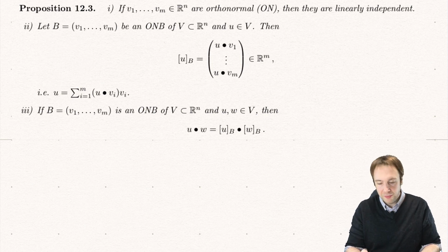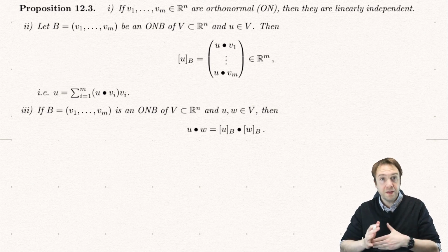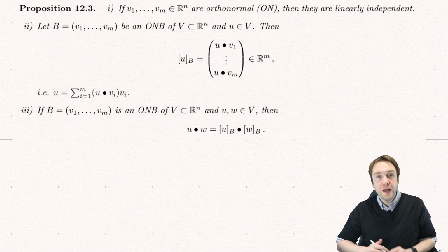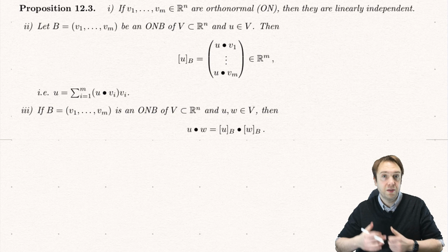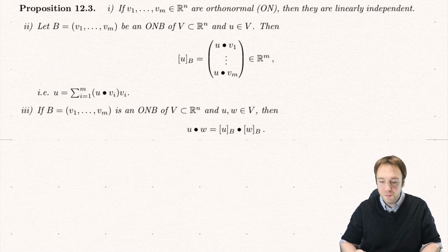So this is a nice property, because usually to check if vectors are linearly independent, you always would write them into a matrix and then try to solve a linear equation. But if you can show that they are orthonormal, so you just check if they are orthogonal to each other and have length 1, then you can automatically deduce that they are already linearly independent. And you will see that the proof is actually quite easy for this.